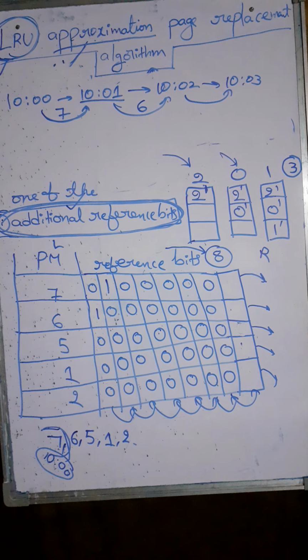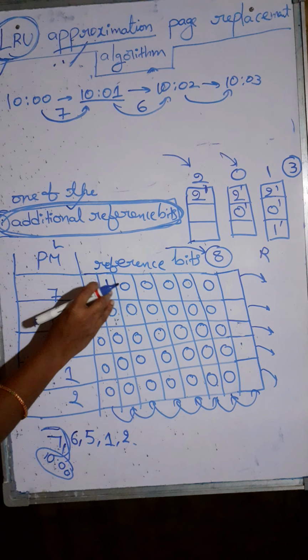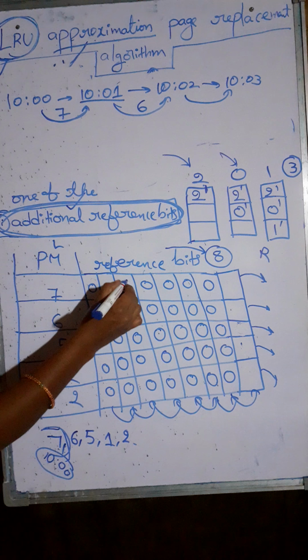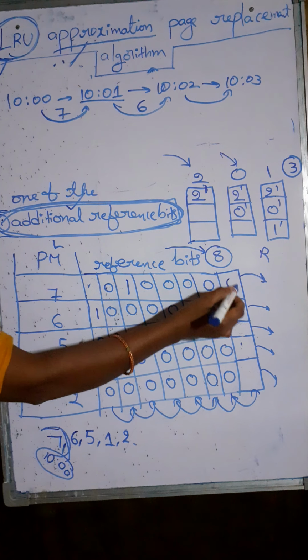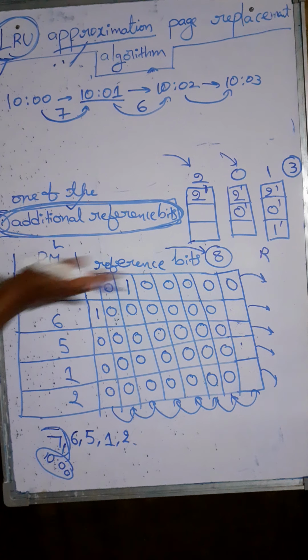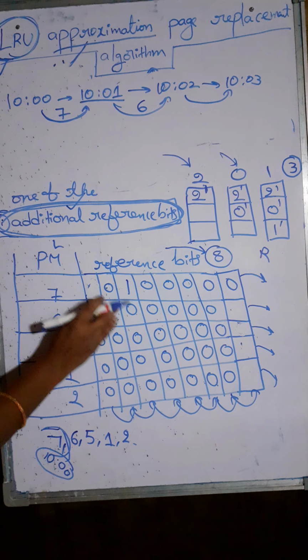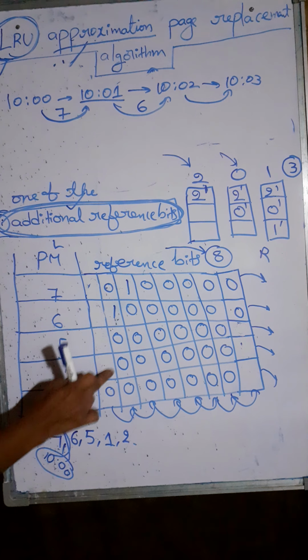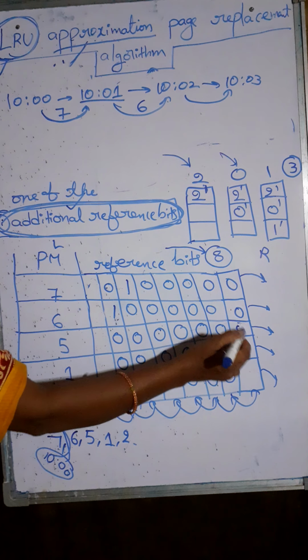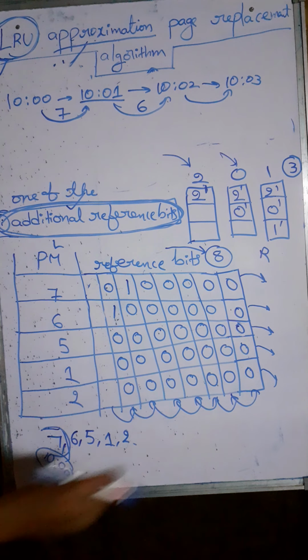So what are the bits now? This one will move to this place, here 0, just moving the bits to that side. Then this one will come to this place. Now we will get 0, 0, 0.